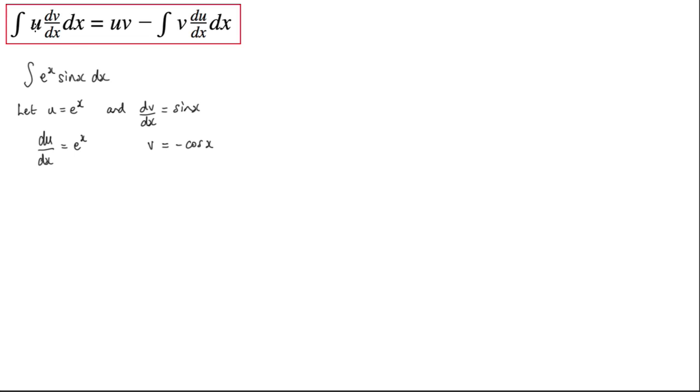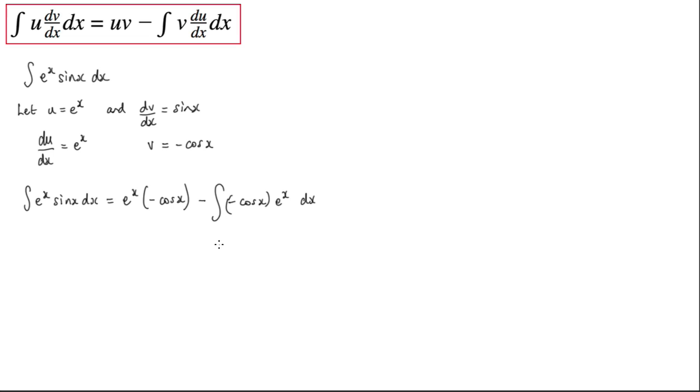Now popping these into the actual integration by parts rule, we can see that the integral of e to the x sine x dx is equal to u times v, well u is e to the x, times v, which is negative cos x, minus the integral of the v term, which is negative cos x, times the du by dx term, which is e to the x, and that's with respect to x.